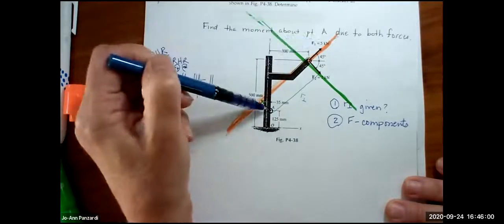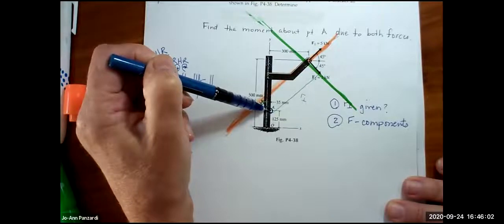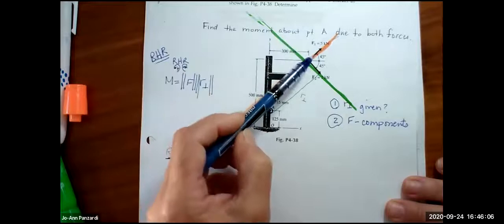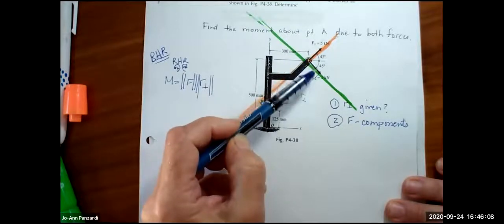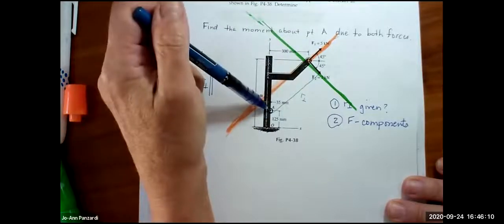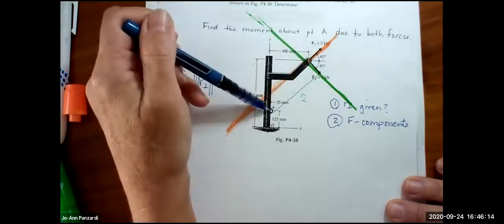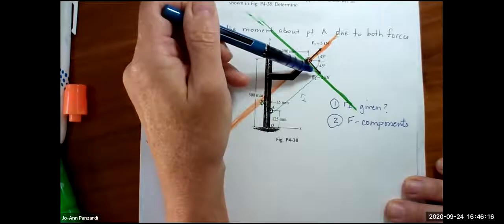We could solve the moment about point A due to F1 when there are two forces present. We have to find the moment about point A due to F1, and we have to find the moment about point A due to F2.